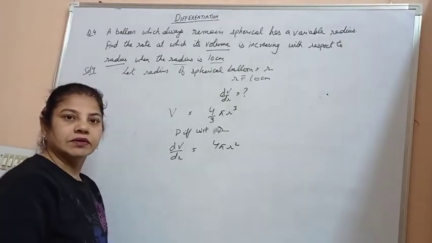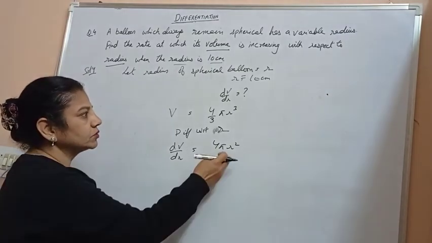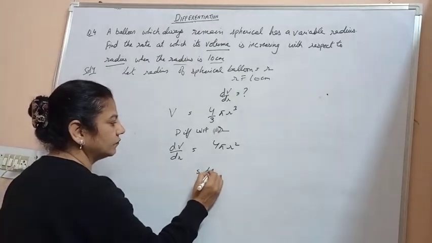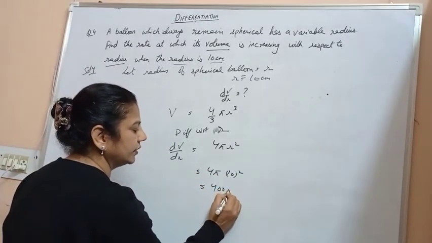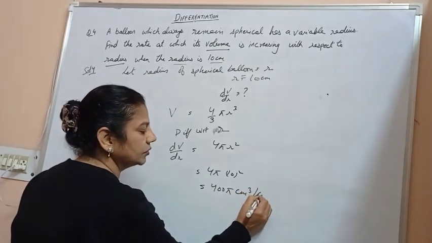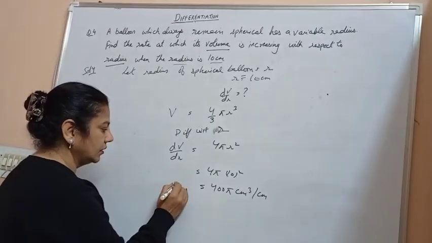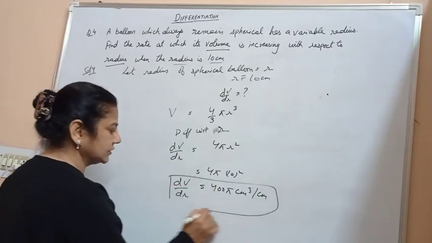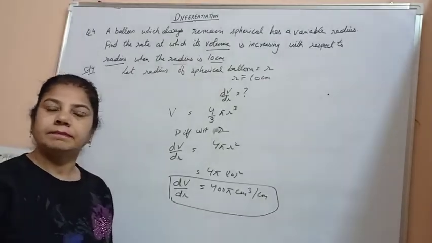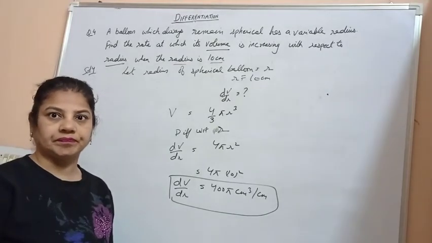So we have 4 pi r square. Substitute the value of r as 10. We get 4 pi 10 square, which is equal to 400 pi centimeter cube per centimeter, because we have to calculate the volume with respect to radius.